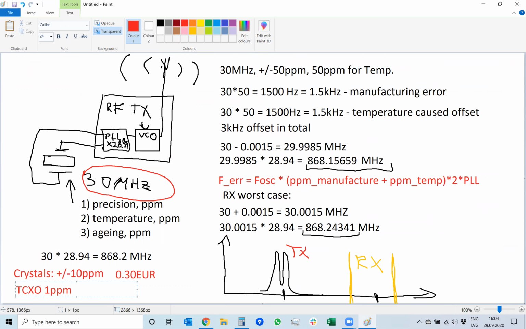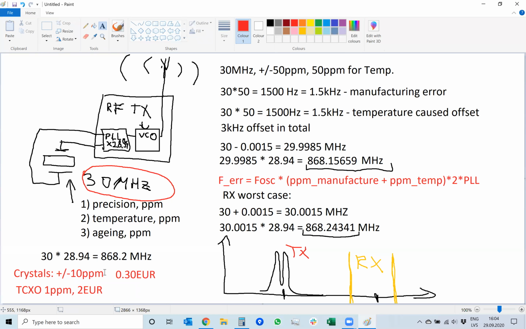Precision maybe is 2 ppm. The temperature impact is approximately 1 ppm or 2 ppm. So, you know, it's a lot better. It's a lot more precise. But the price is something like €2. So you need to decide, do you really want it to be this precise or not? Some applications require maximum precision, but some applications require maximum cheapness.